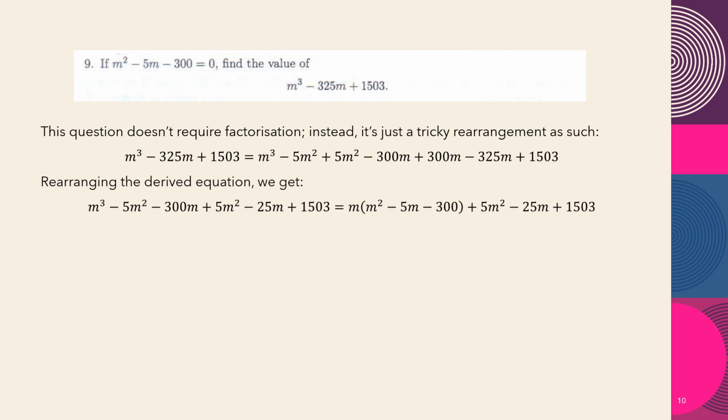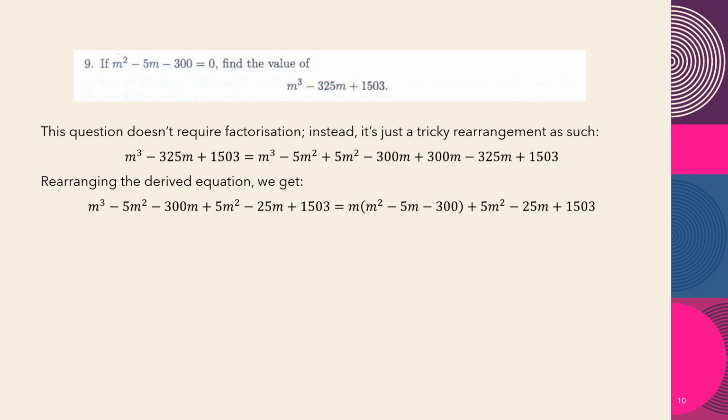So if we write it all out, we have m cubed minus 5m squared plus 5m squared minus 300m plus 300m minus 325m plus 1503. Rearranging, we get m cubed minus 5m squared minus 300m, plus 5m squared minus 25m plus 1503.